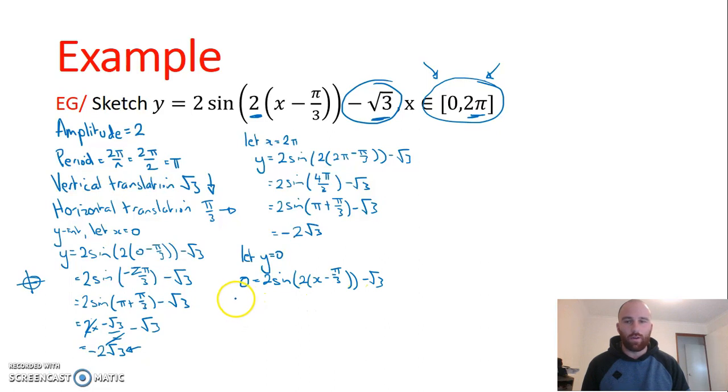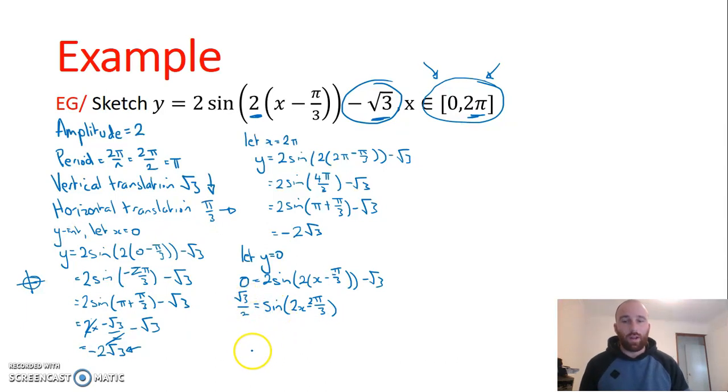I'm going to bring the square root 3 across, and I'm also going to divide by the 2. What you notice is square root 3 over 2 should be familiar from our exact values on the little handout that I gave everyone. That is equal to sine of, I'm going to expand this, 2x minus 2 pi on 3.